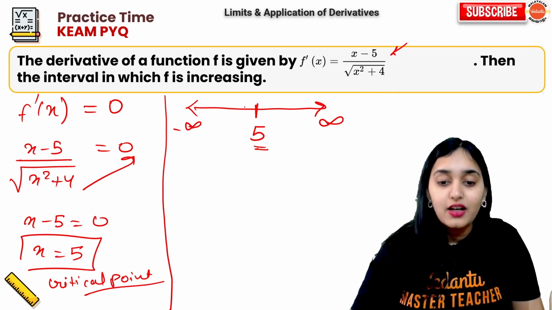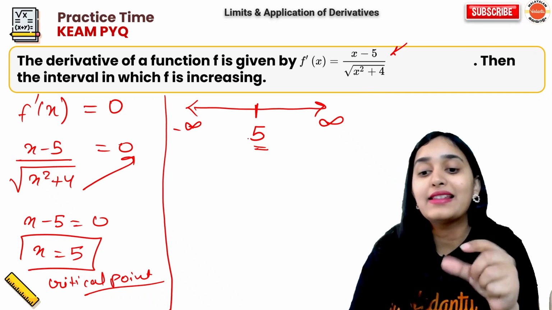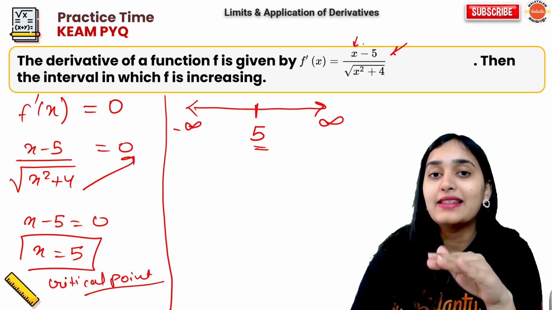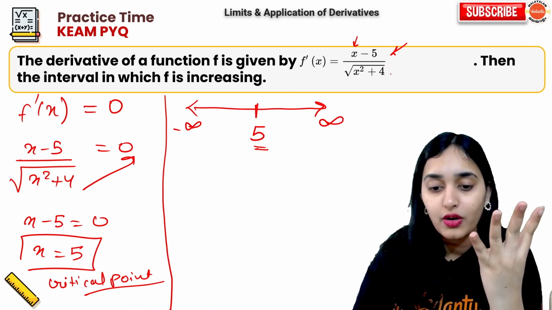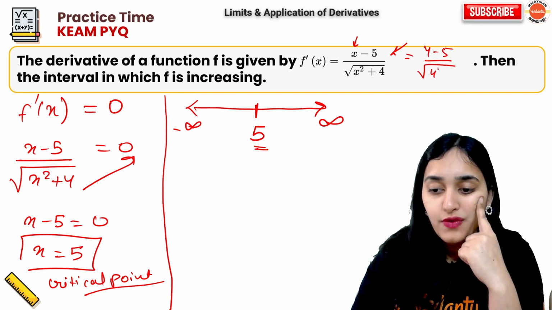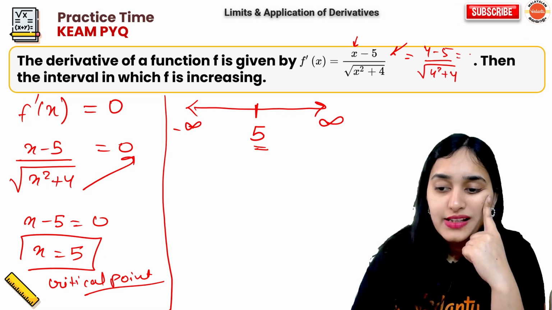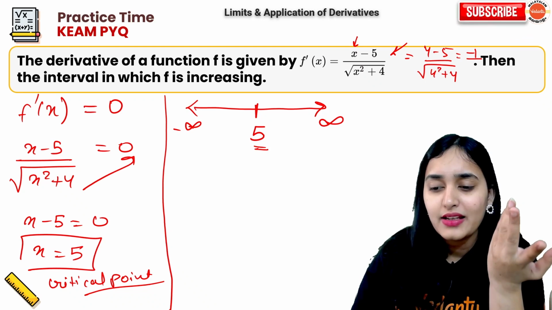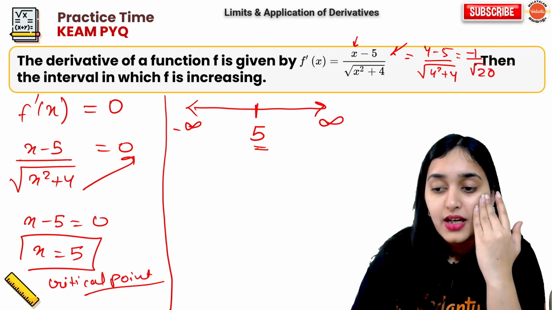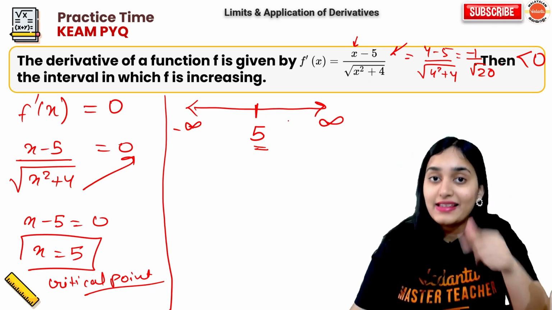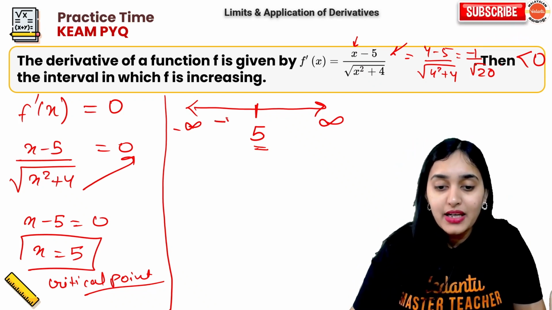So when you check for a value less than 5, what do you get? Suppose x is 4. You get 4 minus 5 upon root over 4 square plus 4. Now this is minus 1 upon, let's say 16 plus 4, root over 20. So this is a negative value, less than 0.